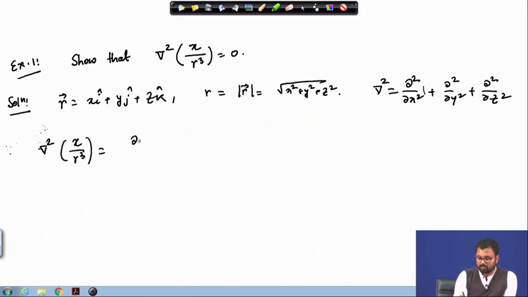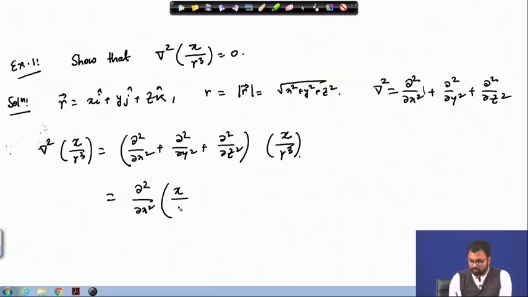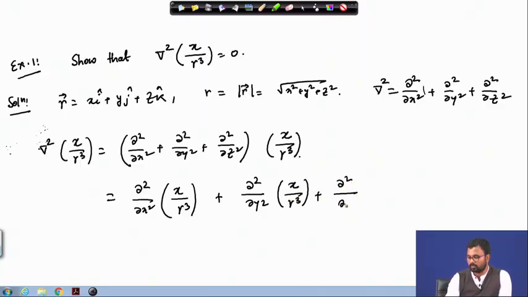That means we have to calculate del square by del x square plus del square by del y square plus del square by del z square of x by r cube. So, we will apply this on every partial derivative: del square by del y square of x by r cube and del square by del z square of x by r cube. All right.